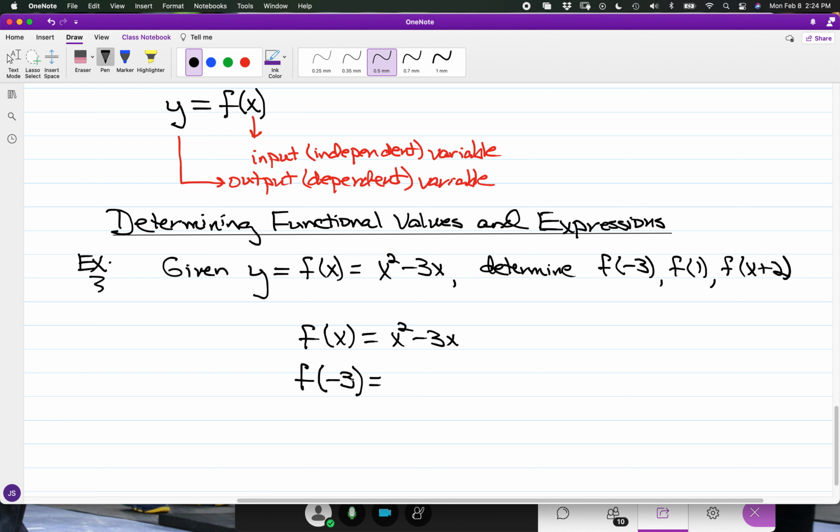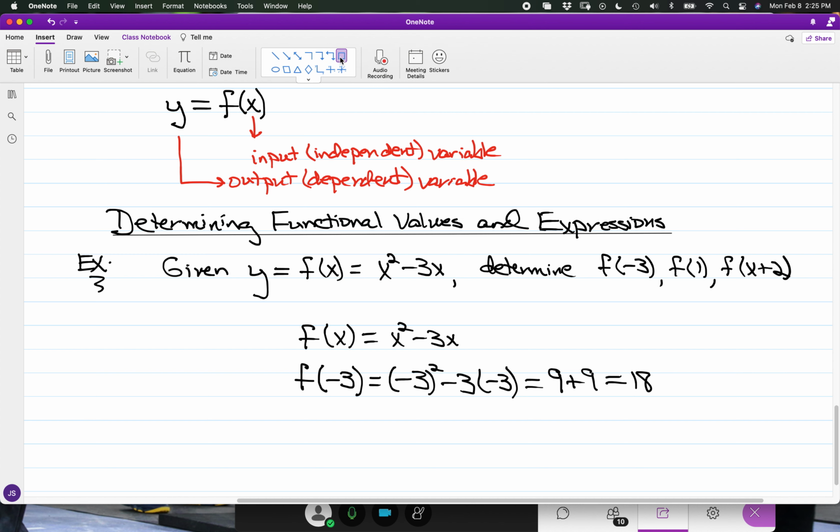The output is going to be the square of negative 3 minus 3 times negative 3. The square of negative 3 is 9. Negative 3 times negative 3 is another positive 9. And 9 plus 9 comes out to 18.